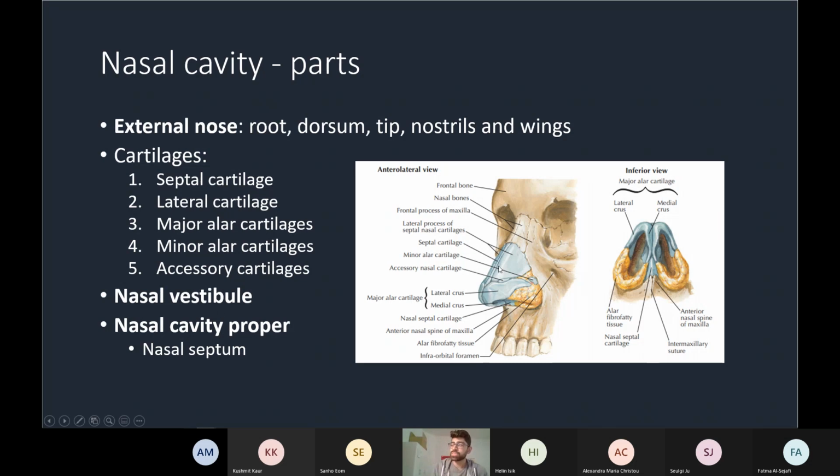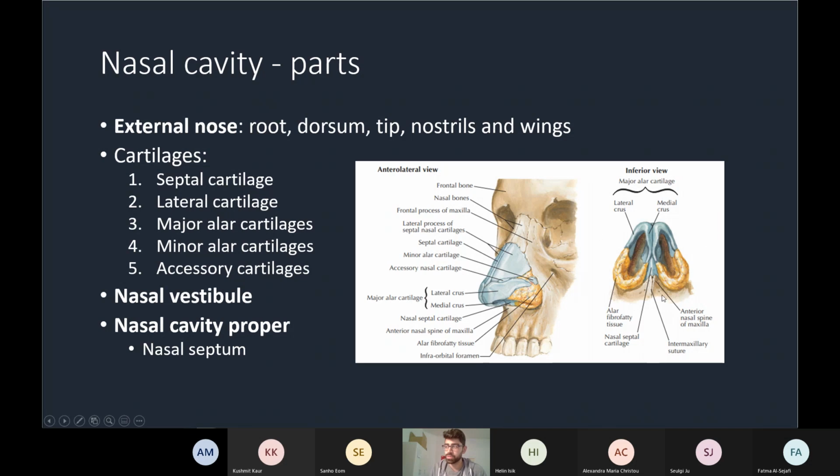We can see we have septal cartilage, which are these large triangular shaped plates here. We have lateral cartilages, and we have major and minor alar cartilages, and some variable accessory cartilages as well. So these are the main names you need to try and understand.